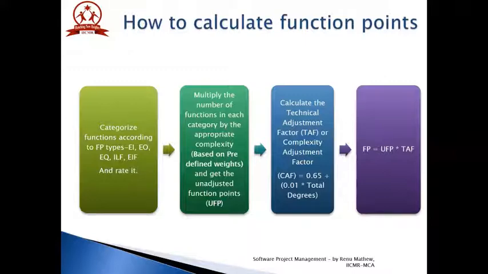And the last step is to calculate the adjusted function points using the formula unadjusted function points multiplied by the technical adjustment factor which we calculated in the previous step.